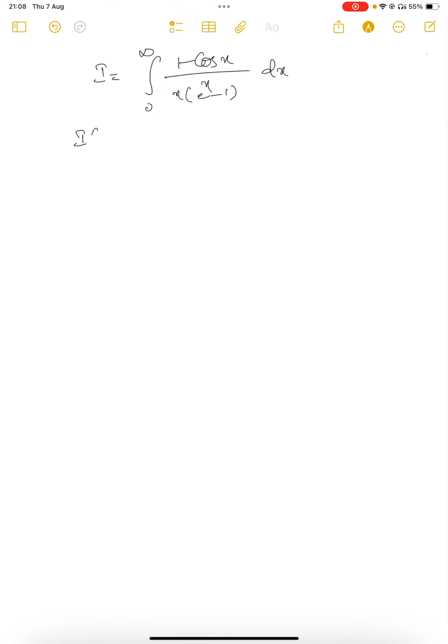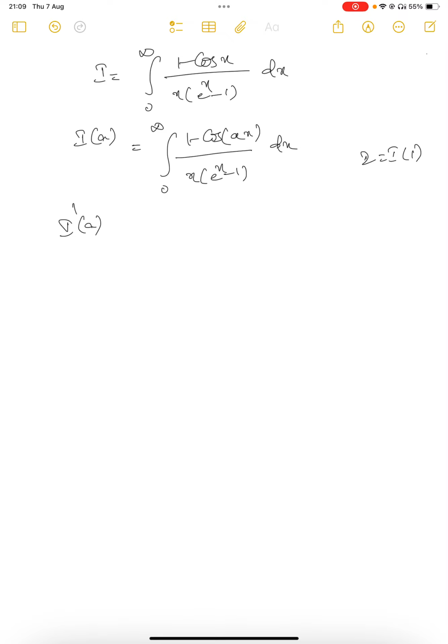So let's say I of a equal to integral 0 to infinity (1 minus cos of ax) by x into (e power x minus 1) dx. Our value will be I of 1. We'll calculate I of a, then if you substitute a equal to 1, you will get the value of I. So let's differentiate this with respect to a.